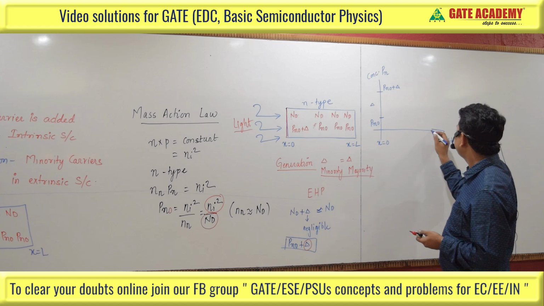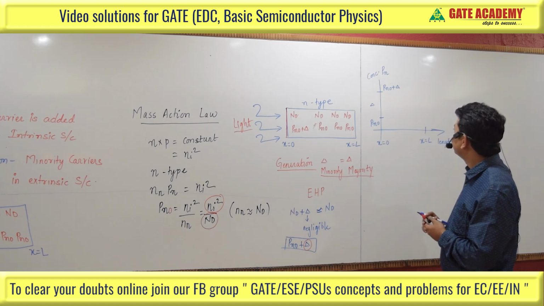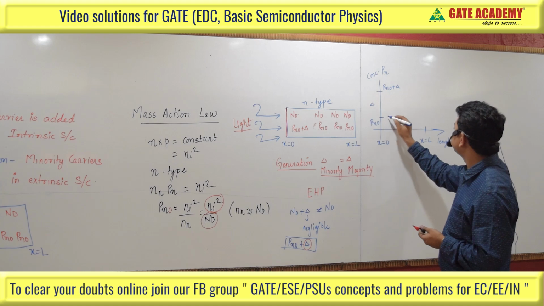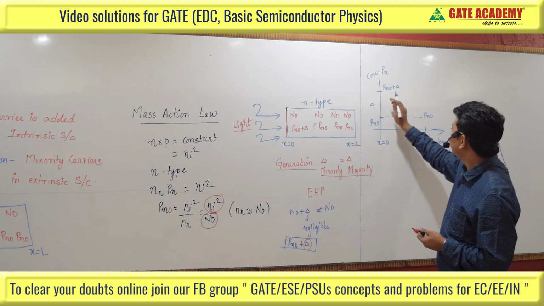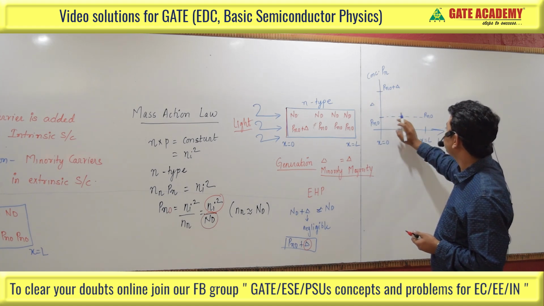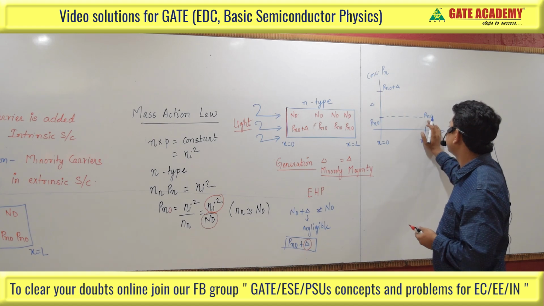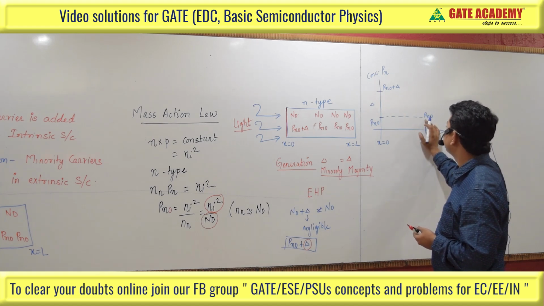On the other end of the semiconductor at x is equal to L, suppose the concentration is unchanged and equal to Pn naught. So at the edge x is equal to 0 the concentration is increased, and at the other, infinite end, the concentration is Pn naught.